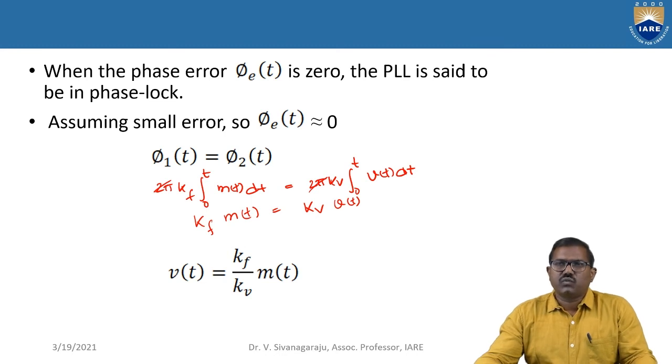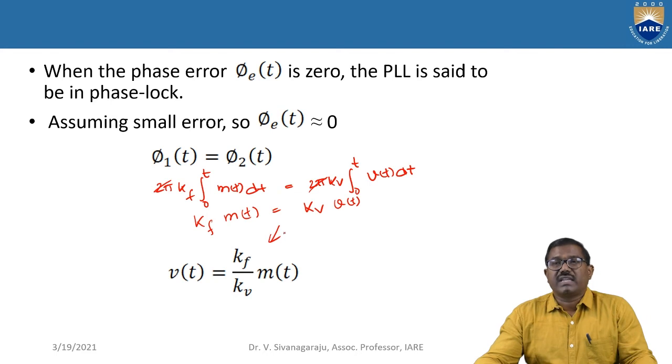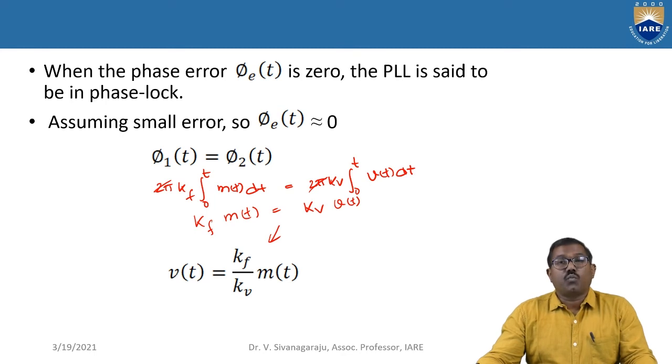So v of t is nothing but kf by kv into m of t. That means the output is directly proportional to m of t. Okay. This is an indirect method for finding m of t from the modulated FM signal.